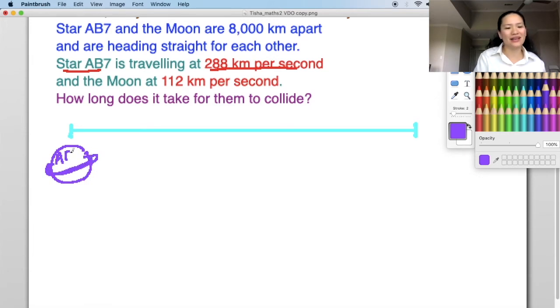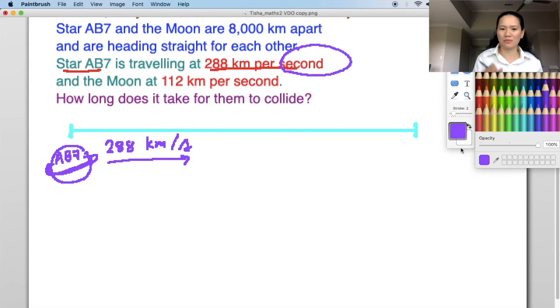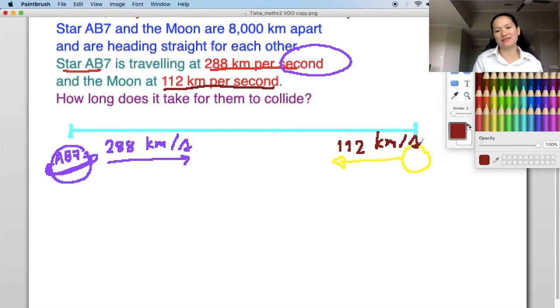This one is AB7 and it travels at 288 kilometers per second. Remember here it is per second, not per hour. And the moon, our moon here, travels at 112 kilometers per second. Don't forget that they are 8,000 kilometers apart.